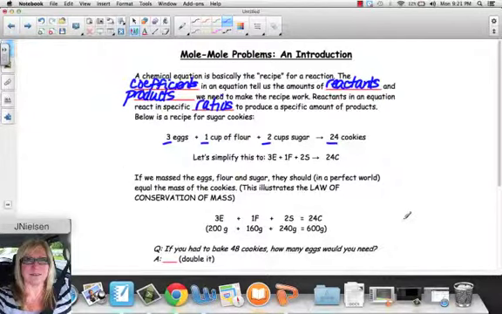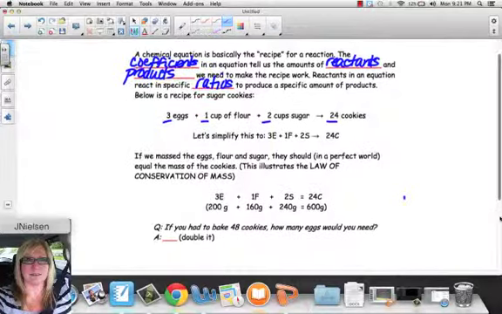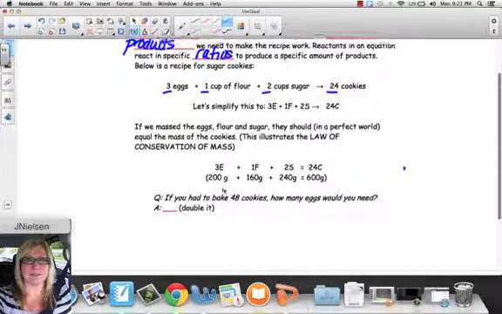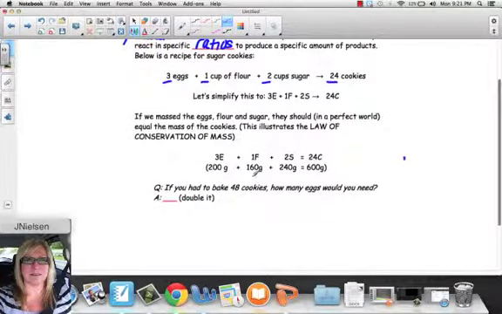For example, let's say that the eggs were 200 grams, the cup of flour was 160 grams, and the sugar was 240 grams. That equals 600. 200 plus 160 is 360, plus 240 is 600, and the cookies weighed 600 grams, because the law of conservation of mass tells us that what we start with, we must finish with. It can be arranged in different forms.